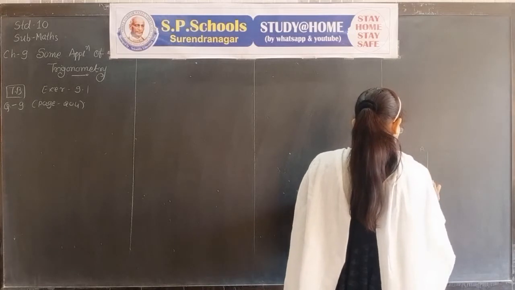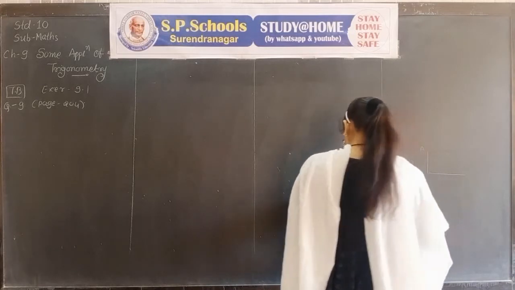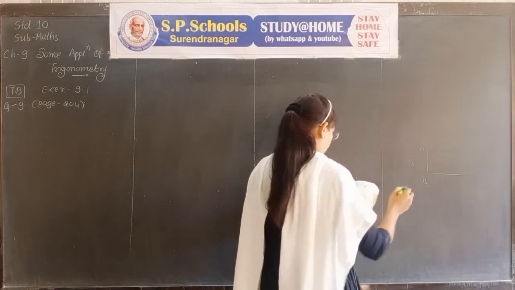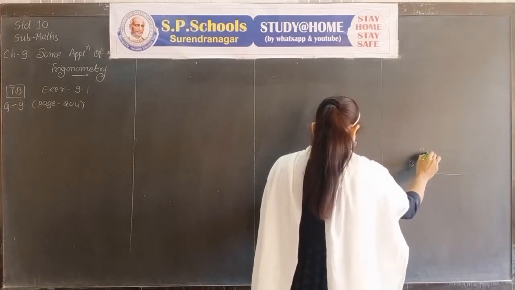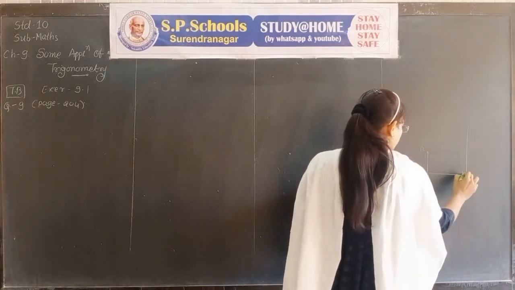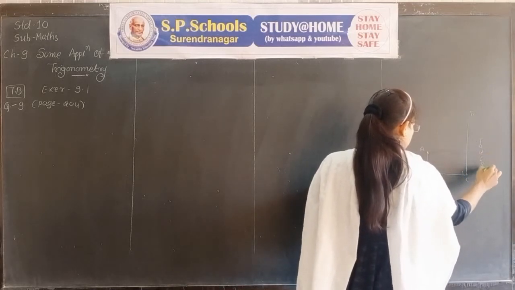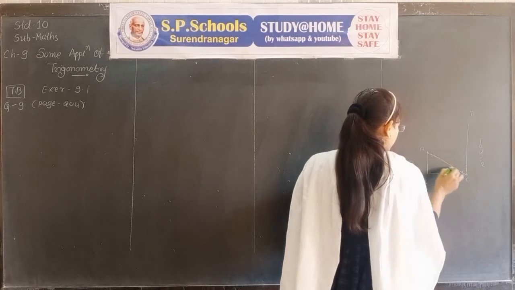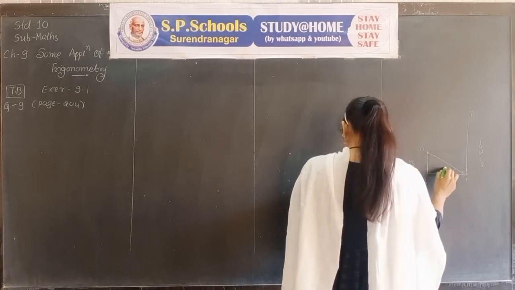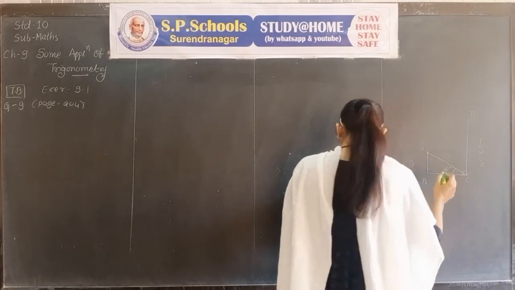Suppose AB is a building. Angle of elevation of the top of the building from the foot of the tower: suppose CD is a tower and C is the foot of the tower. C to A is the line of sight and CB is horizontal. This angle is 30 degrees.